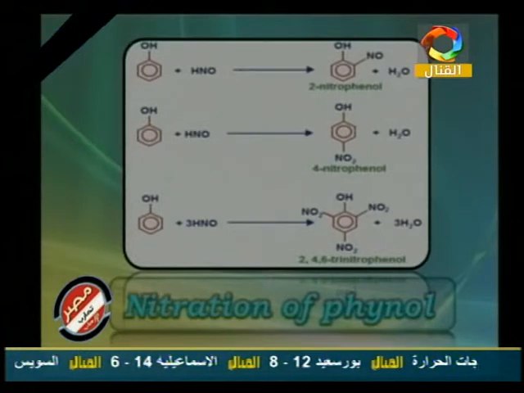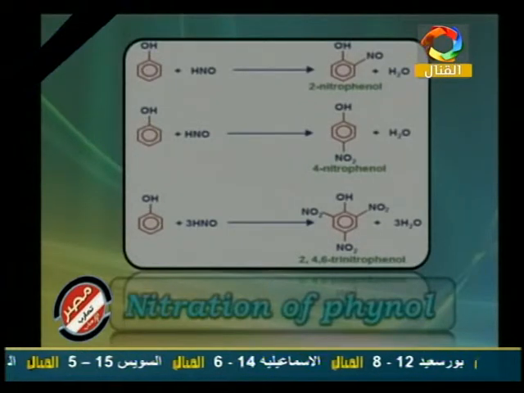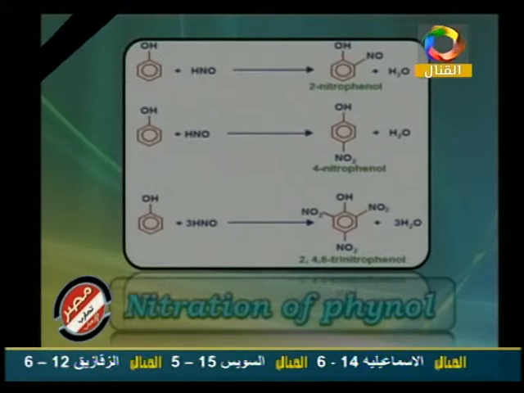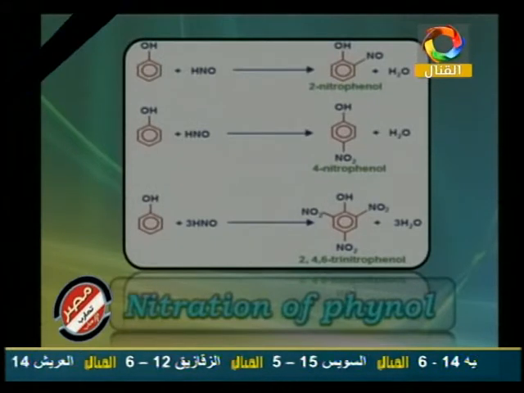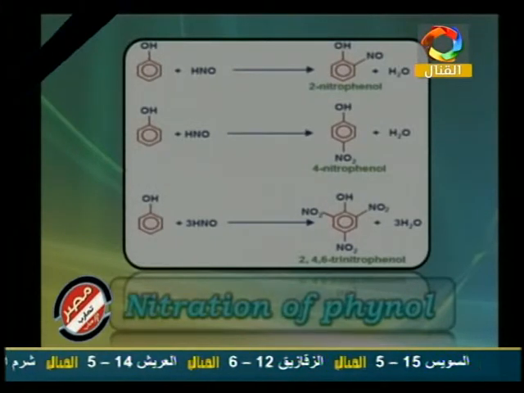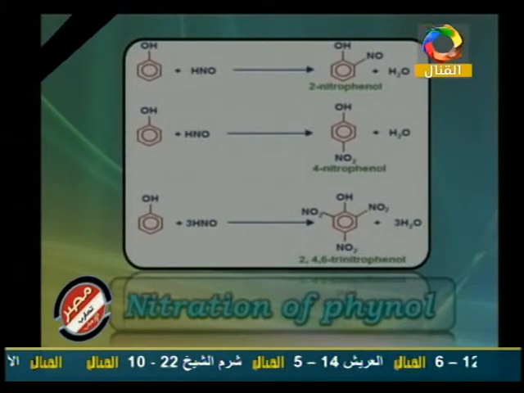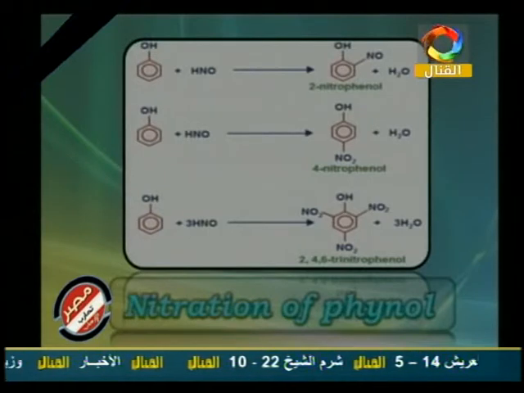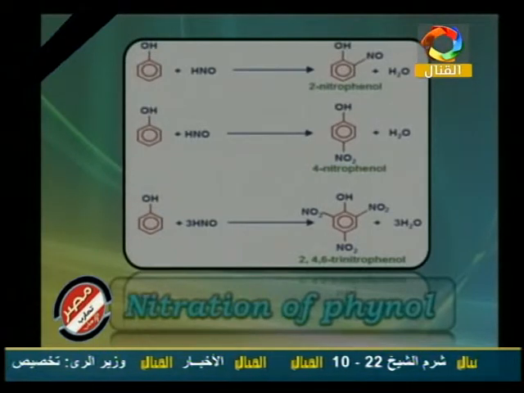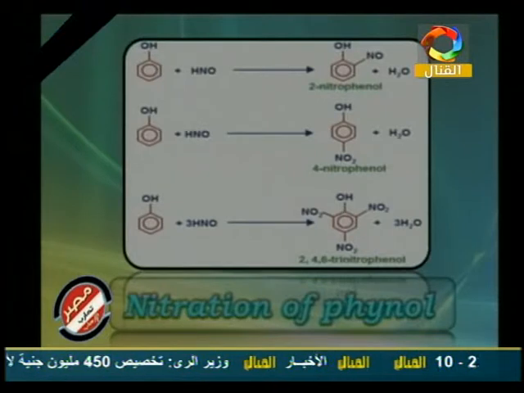Why? Because the hydroxyl group directs this NO2 group to the second carbon atom of the benzene ring. It directs it like this. So the first one, we have 2-nitrophenol plus H2O.